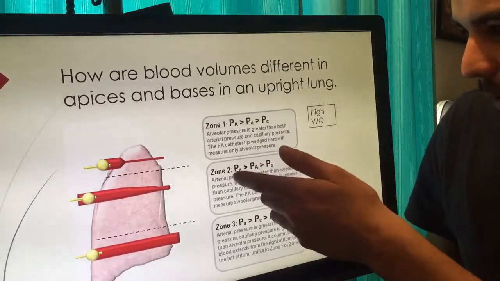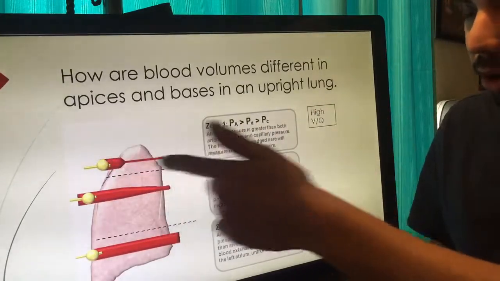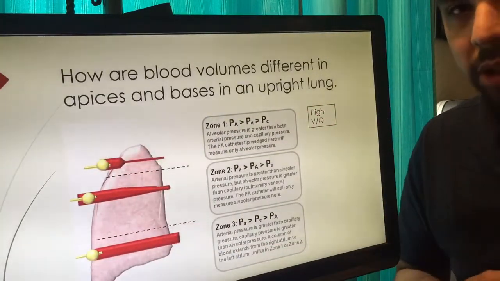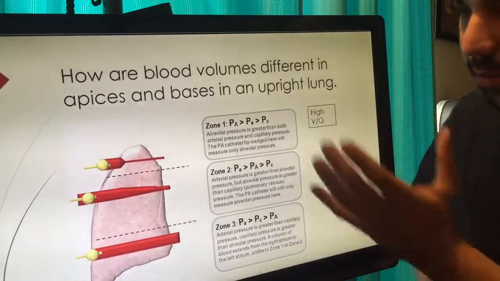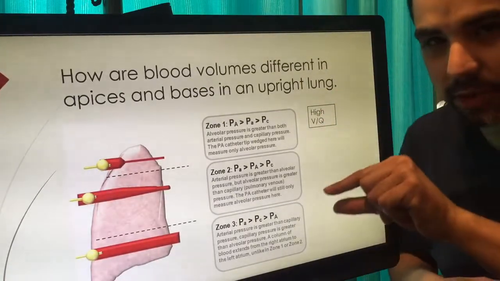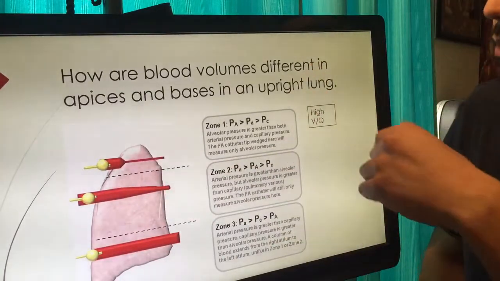So there would be a high VQ in that zone, in Zone 1. But what that means, high VQ, is there's more ventilation than perfusion. So like I mentioned, there are higher resting volumes. The alveoli is big, and then the capillary that's running by is really, really tiny. So there's going to be less perfusion up there.